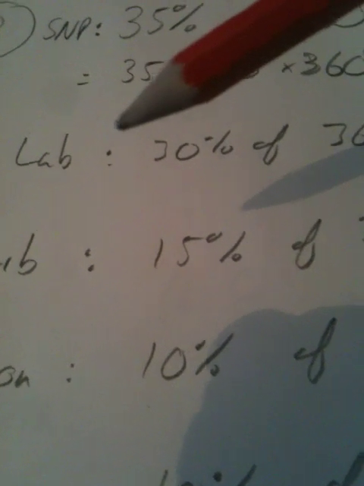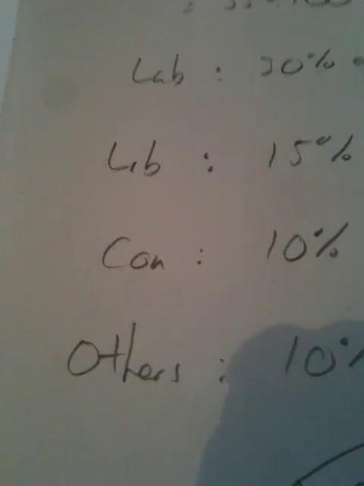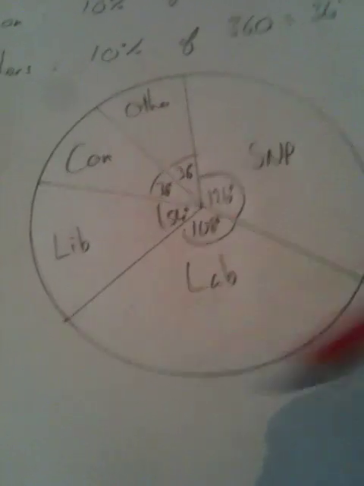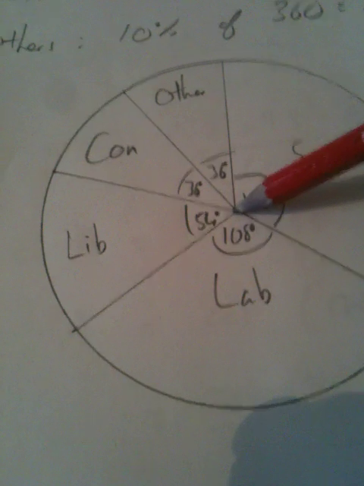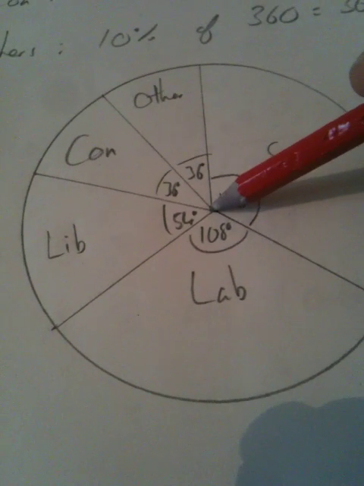Similar calculation for Labour, 30 divided by 100 times 360, so that'll be 108. And we also have Lib Dems 54, Conservatives 36, other 36. Then we draw a circle, get a protractor out, put that line in first, line up the target on the protractor there.